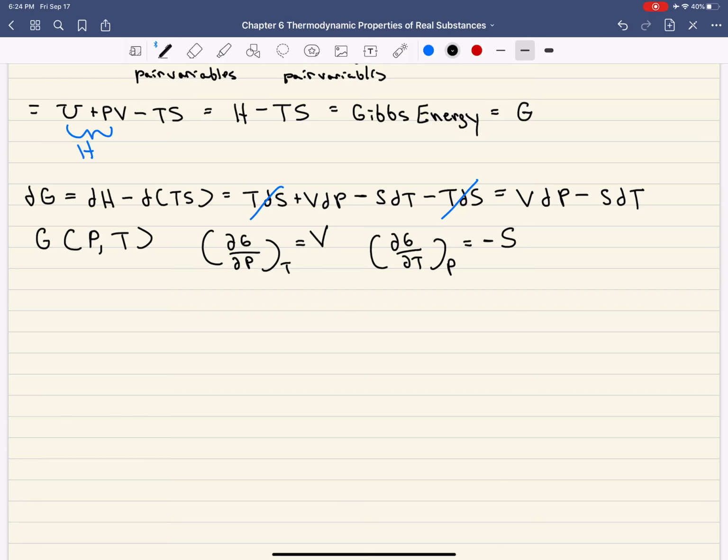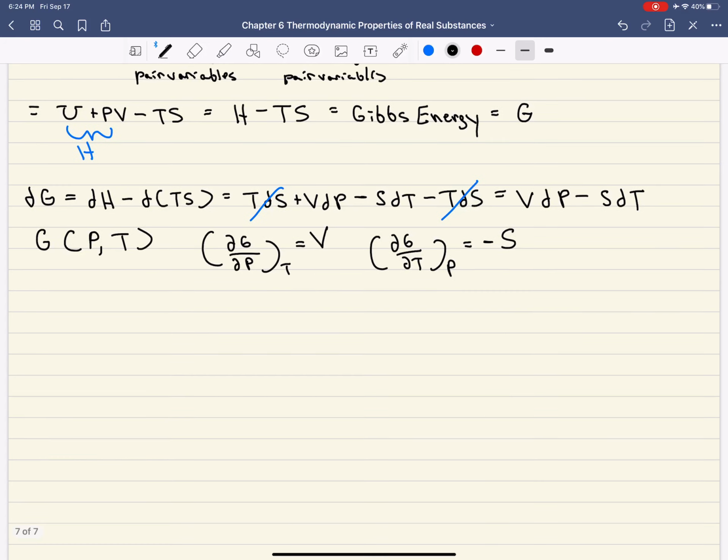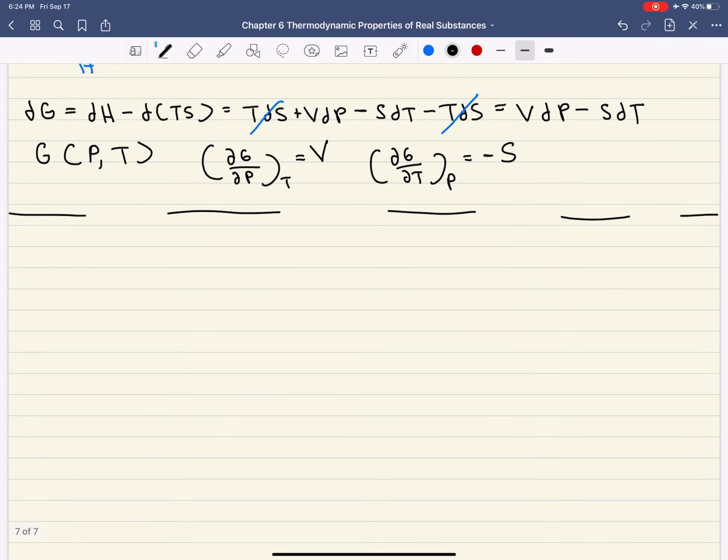All right, and so to summarize at least what we did here with all the Legendre transforms, we defined a whole class of new functions that can potentially give us information about the molecular properties of our system in terms of macroscopic properties, things we could see with our own eyes.